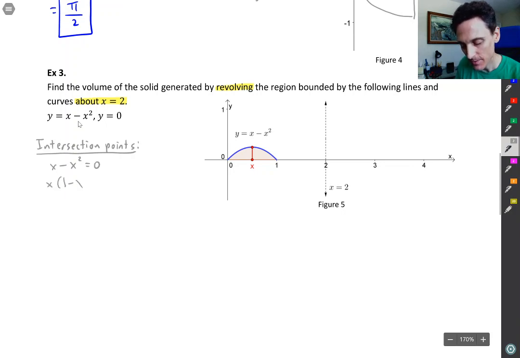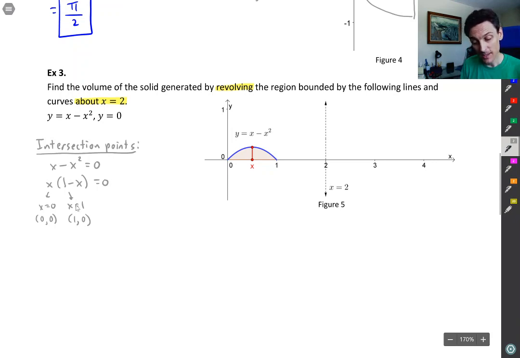You could factor out an x, and you would get x equals 0 and x equals 1. So this corresponds with (0, 0) and (1, 0). The y values are 0 because here we have y equals 0, and we're looking at the intersection between these two, so the y coordinate has to be 0 in order for you to have an intersection point.